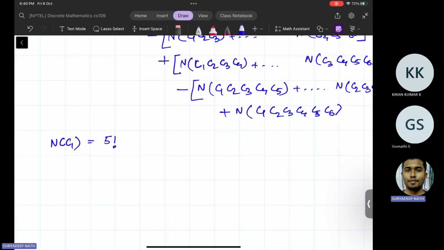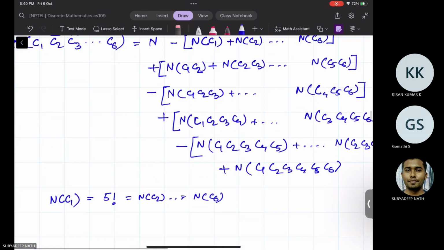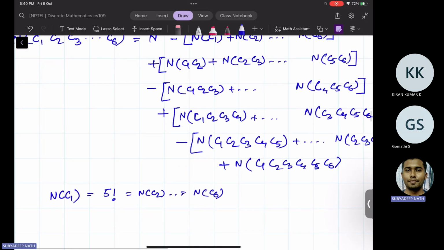So one is fixed, and the other five are variable, and the same applies to all C2 to C6. They are all equal. So we have 6 choose 1. We are picking one person at a time, saying this person is wearing the coat correctly, and the number of ways is 5 factorial, because the five other persons left can have their coats permuted in 5 factorial ways.